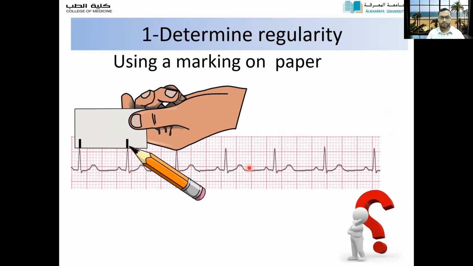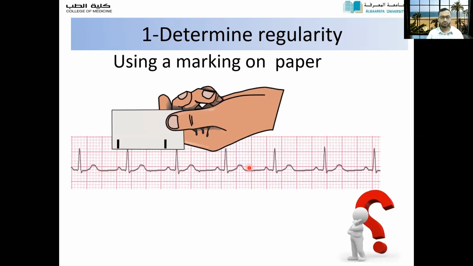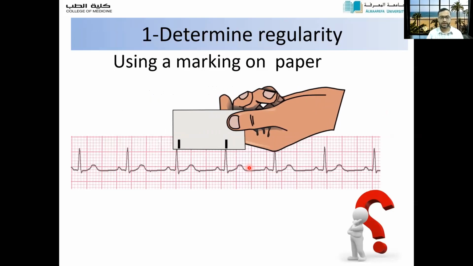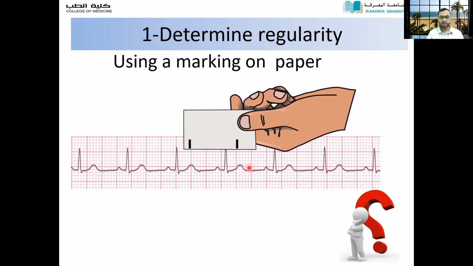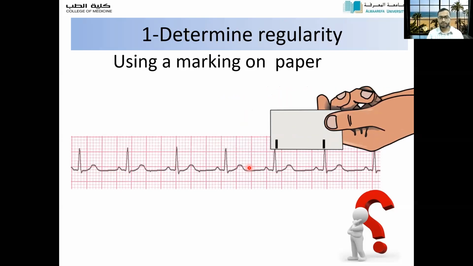Then simply go on moving the paper along the ECG, just to check whether our intervals are the same throughout this rhythm strip or not. Once you have done that, you can say that this is regular, because all RR intervals are the same. So our interpretation will be that it's regular.